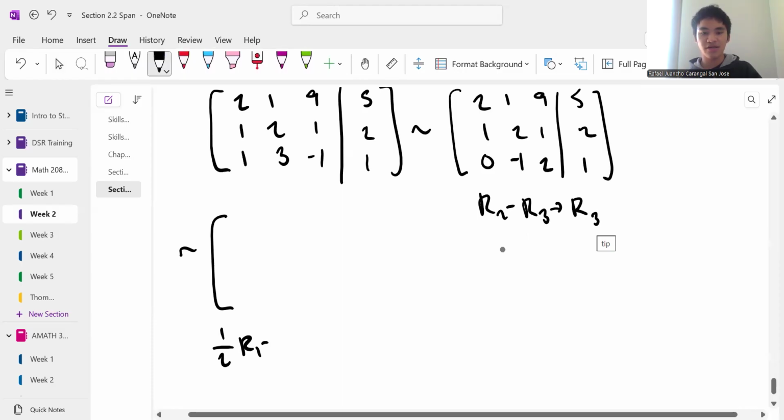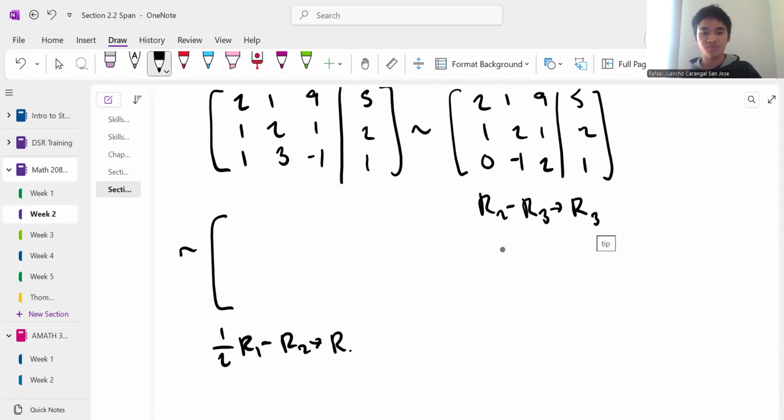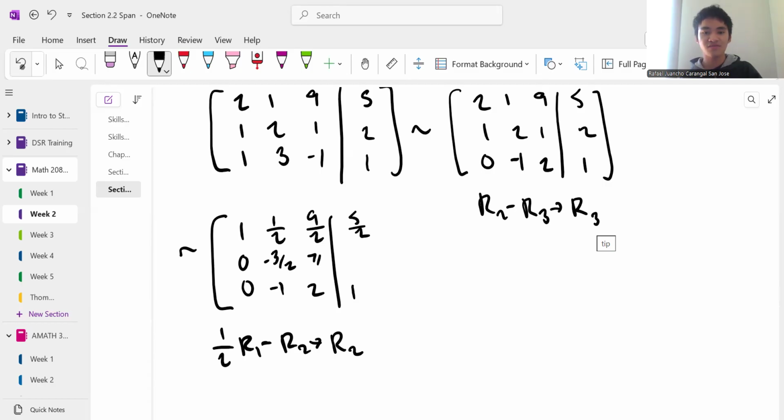Divide row 1 by a half, subtract it from row 2, and put that in row 2. So leave row 3 alone. This one becomes a half. So 1 half, 9 half, 5 half. 1 minus 1 is 0. 1 half minus 2 is negative 3 halves. 9 half minus 1 is 7 halves. 5 half minus 2 is 1 half.